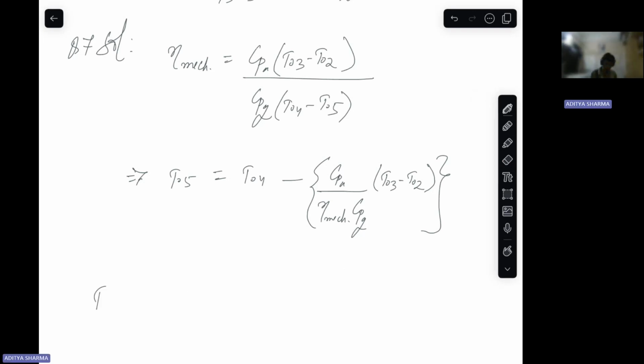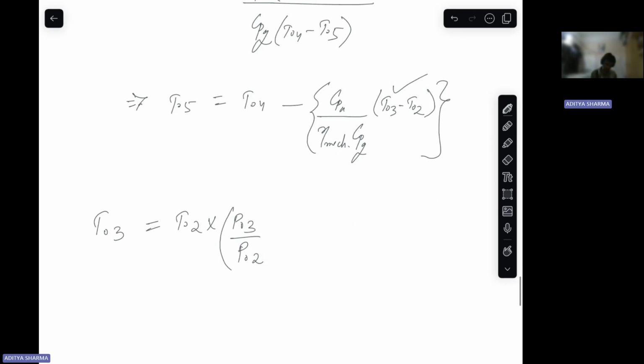The P03 we can calculate from here. Here we need T03. The T03 is T02 into T03 by T02. This is for compressor in polytropic process.